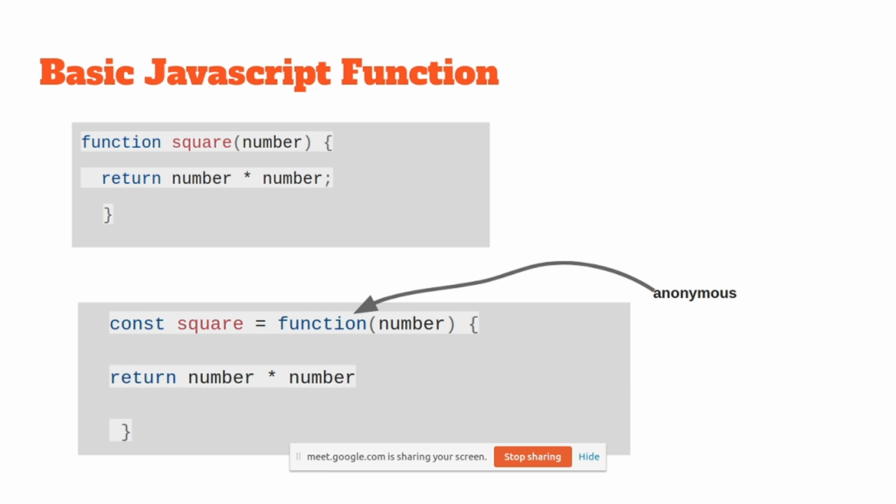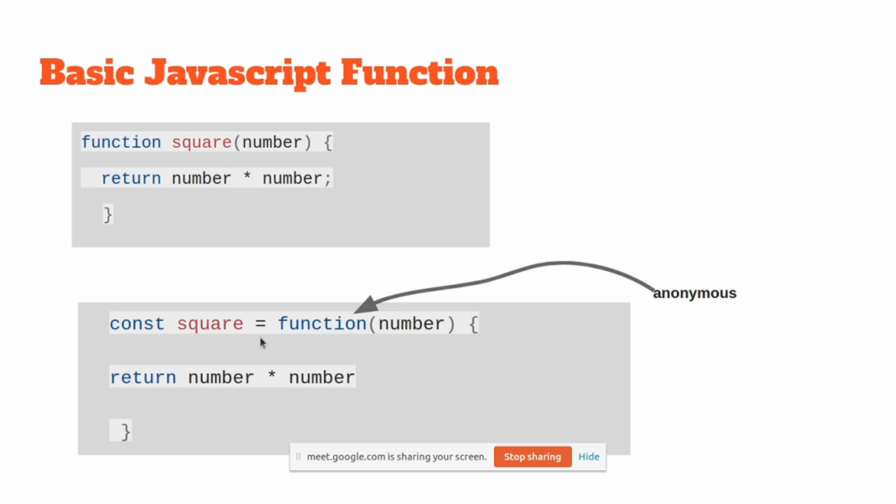It has an input and gives you an output. Here is a function in JavaScript. You describe it using the function keyword and the name of the function, and this number is an argument, which is basically an input into the square function, and it returns the square of a number. This is one way of declaring a JavaScript function.